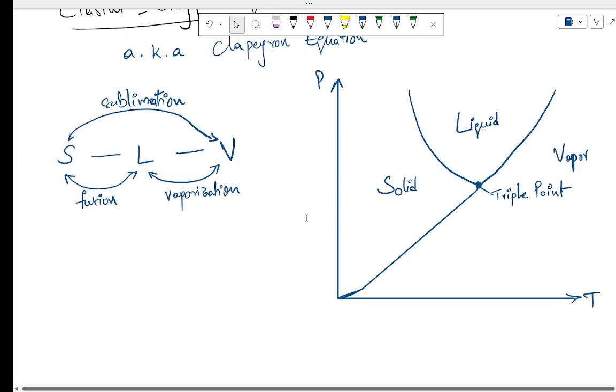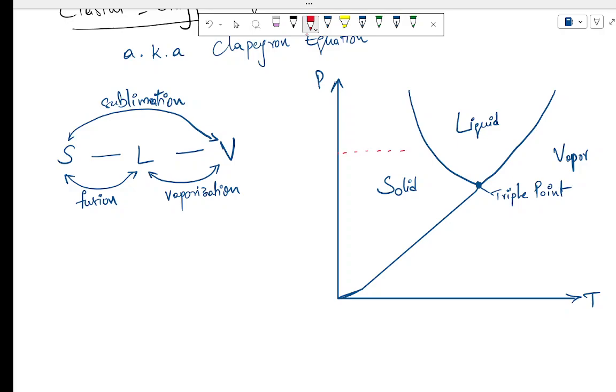So in this process I would like to take any two points here to get the derivation for my Clapeyron equation. For that purpose, I am choosing a point P here, and I will take a line here.